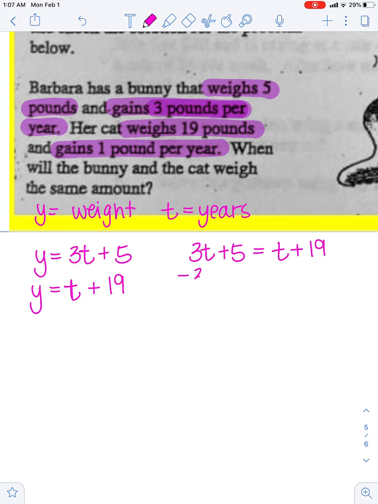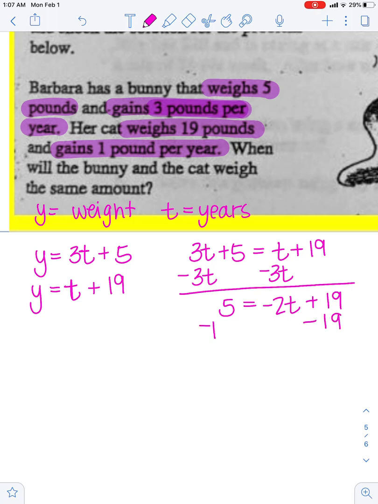So I'm going to subtract 3t from both sides. And that will give me 5 is equal to negative 2t plus 19. So now I'm going to subtract 19 from both sides.